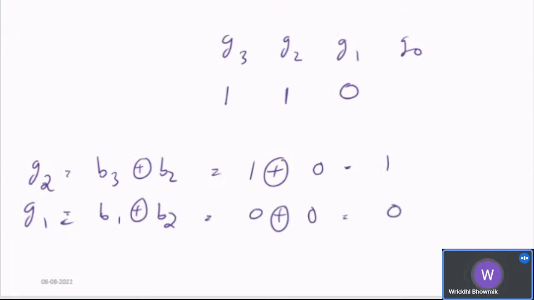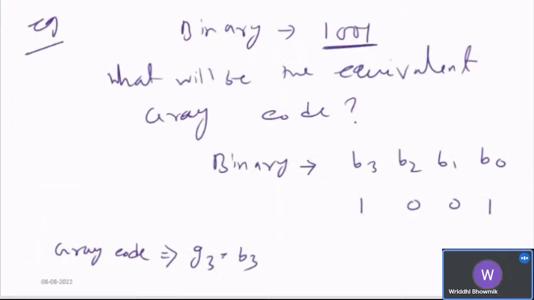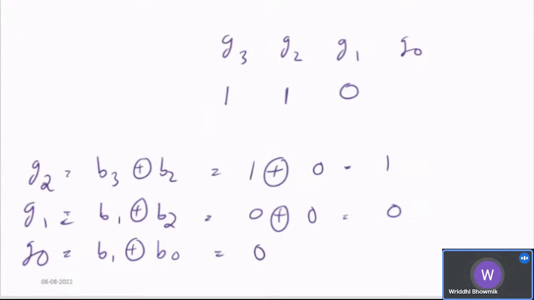We will write 0 over here. G0 is actually B1 exclusive or B0. What is B1? 0, and what is B0? 1. So 0 exclusive or 1 gives you 1. So you will put 1 over here. So 1, 1, 0, 1. Okay, so this is binary to gray.